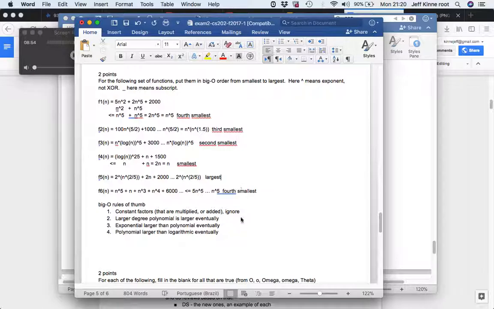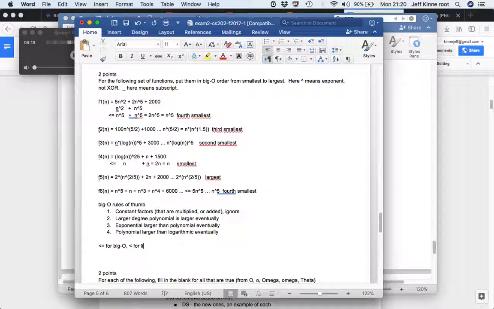Okay, so let's use shorthand notation. Less than or equal to is shorthand for big O. So that's my shorthand notation for big O. What else will we have?